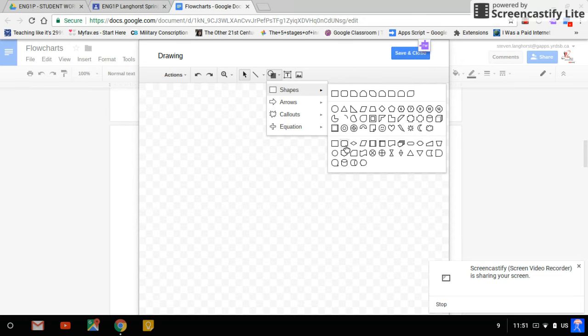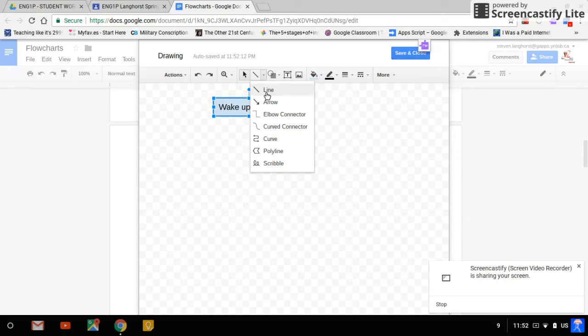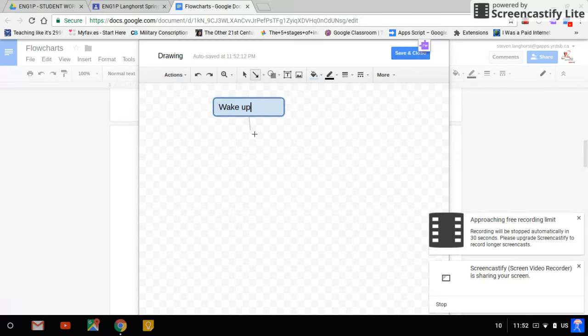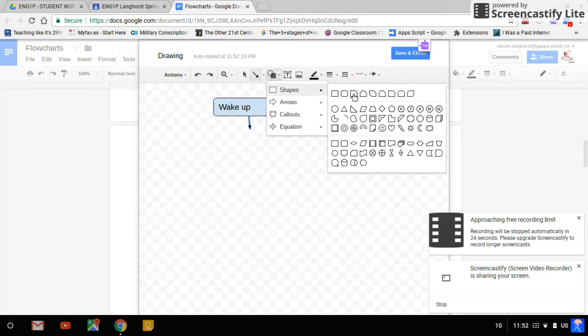Specifically, so this one here, just as an example, you click on the shape, you make the shape, and that is the starting shape. See how the corners are a little bit rounded? And you can write in here, for example, wake up. And from wake up, you draw an arrow, and insert another shape.